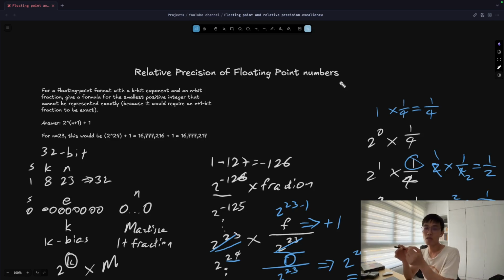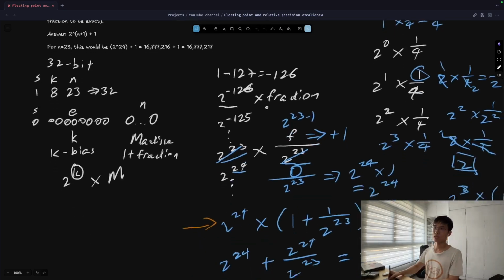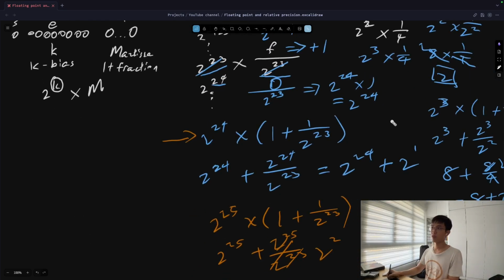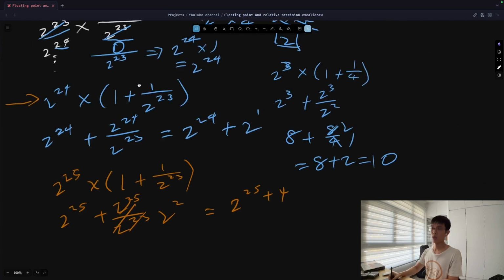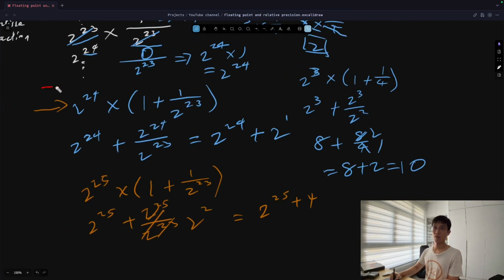At smaller values, the precision is much higher, while at larger values, as we can see in these few examples over here, the precision scales with the size of the number at much larger numbers.